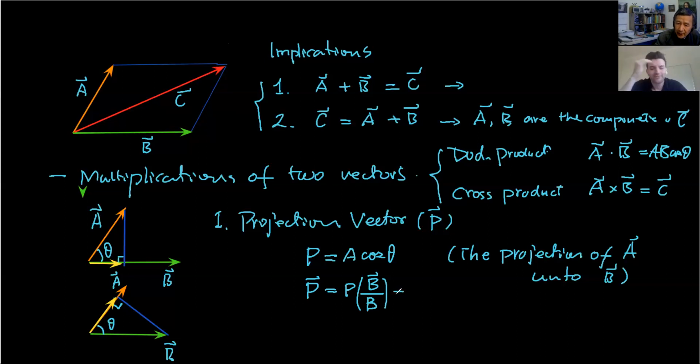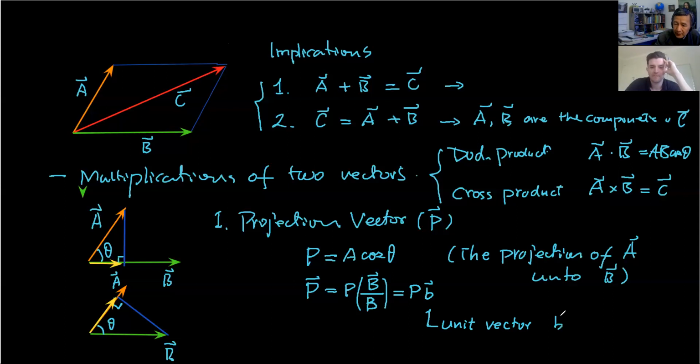Or alternatively, if I write it this way, probably you can follow me. Can we call this the unit vector? Can we just call this B? So B is called the unit vector. A unit vector has such a property that its magnitude is one unit.